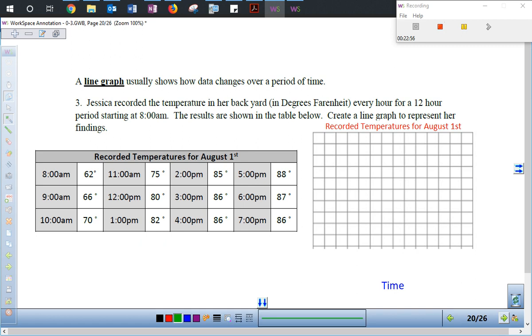And then we want to bring what time we're working with over, just like we did with 1 and 2. We start at 8 and we go all the way to 7 p.m. But here's what's different about a line graph from a bar graph or a histogram. On a bar graph or a histogram, we were labeling the spaces in between the lines.